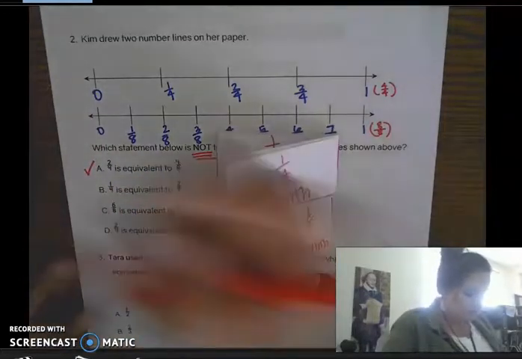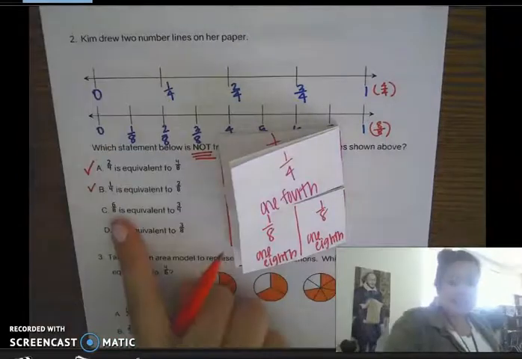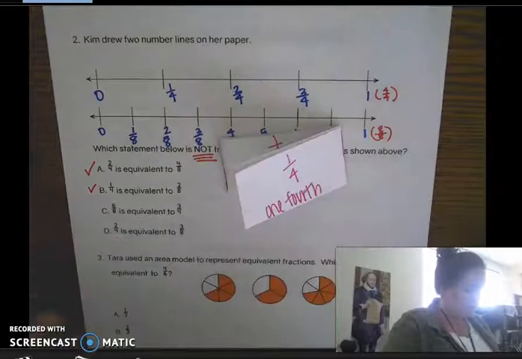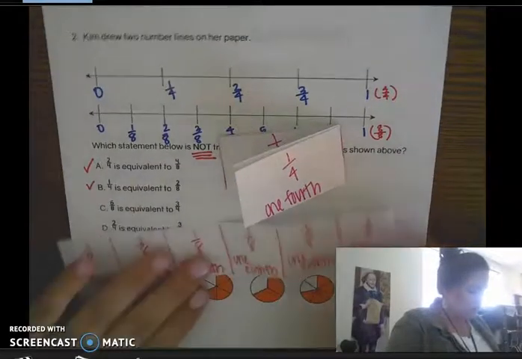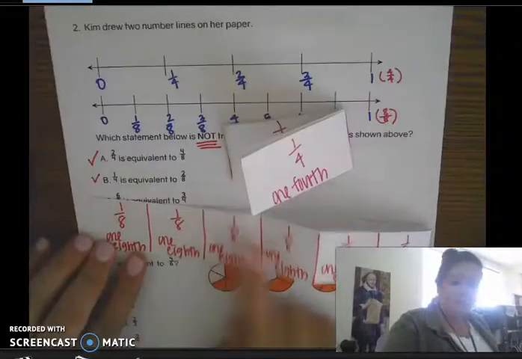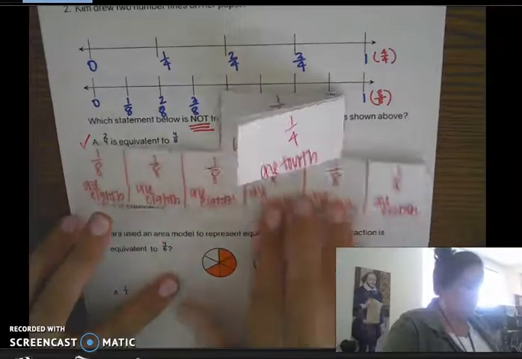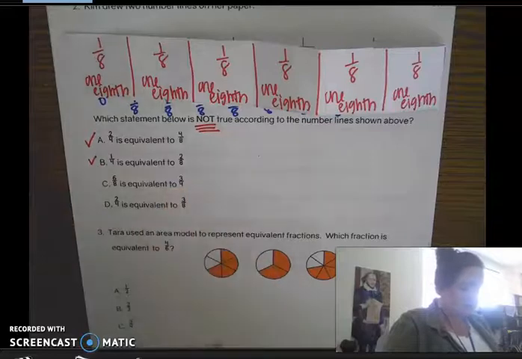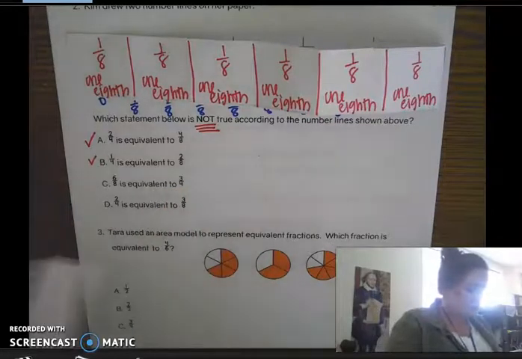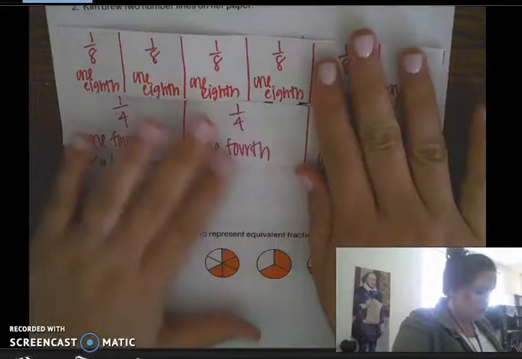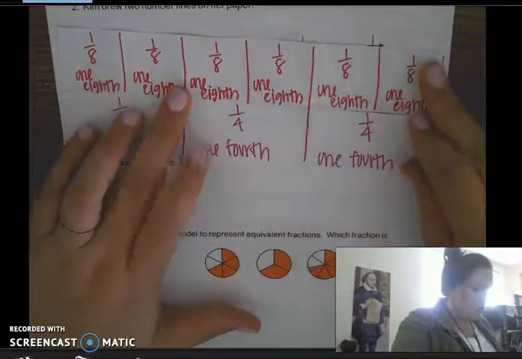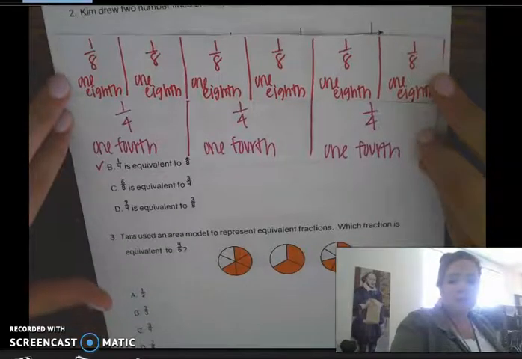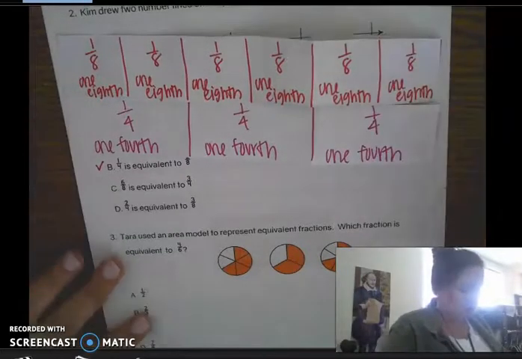Yes, they are. 6/8 is equivalent to 3/4. 1, 2, 3, 4, 5, 6 is equivalent to 3/4. One, two, three. Are those equivalent? Yes, those are equivalent. Good job.